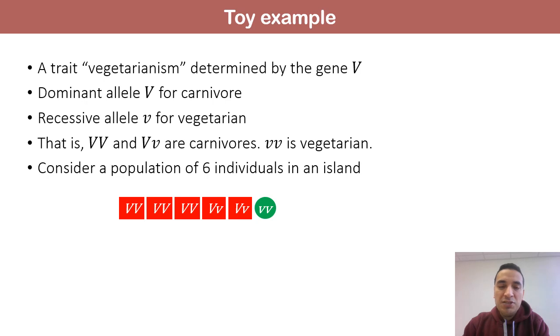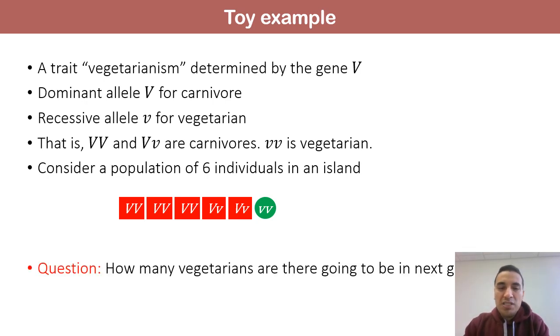Carnivores versus vegetarians. How many of these are carnivores? 5 of them. I have designated those with red squares, red for blood. But you could also have vegetarians, which would be this green circle with little v little v. So we have a population like that. Now the question is, how many vegetarians are there going to be in the next generation?